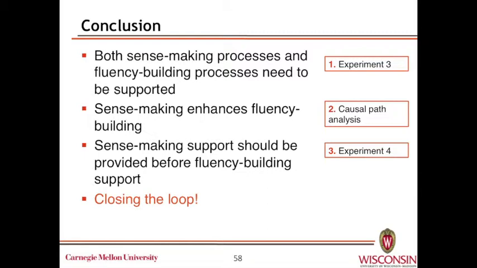So I view this as an example of how we can really use causal path analysis to make sense of the data in more depth, and also make a decision about what kinds of interventions we want to investigate in the future. I think if I hadn't done the causal path analysis on this interaction effect, I might have done a completely different experiment.